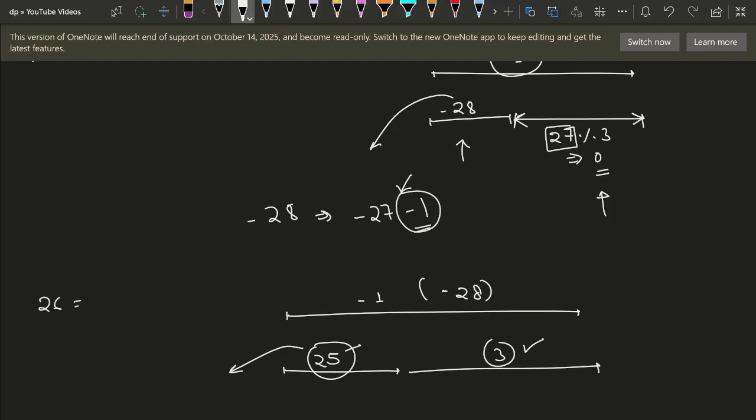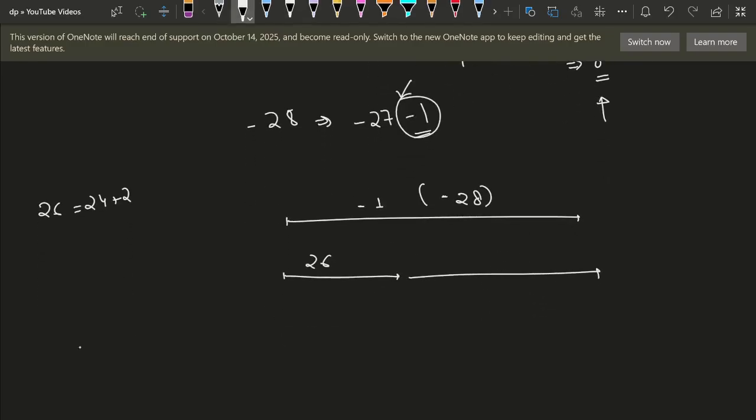So let's say 26. 26 can be written as 24 plus 2. So if we try to write 26, then 26 and minus 28 will have a difference of minus 28 minus 26. So this is going to be minus 54, and minus 54 is going to be divisible by 3. So this works.